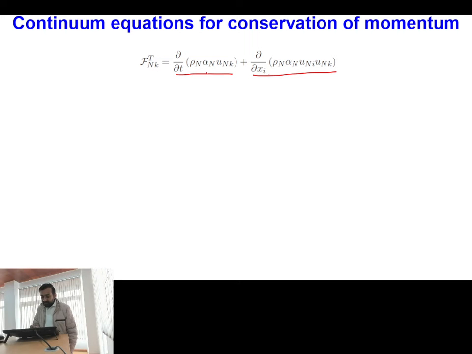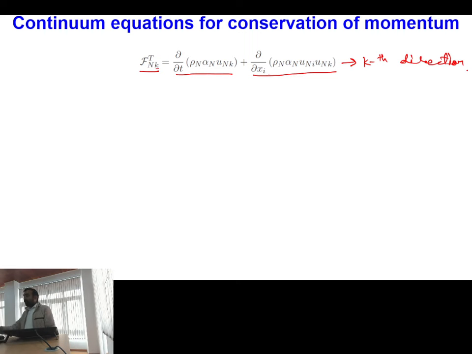Okay, and from Newton's second law of motion, this must be equal to the net force, total force. So this F superscript T refers to total forces, and this n refers to nth phase. So all the net forces acting on nth phase, and k represents the kth direction. It means this particular momentum equation we are writing is in the kth direction.